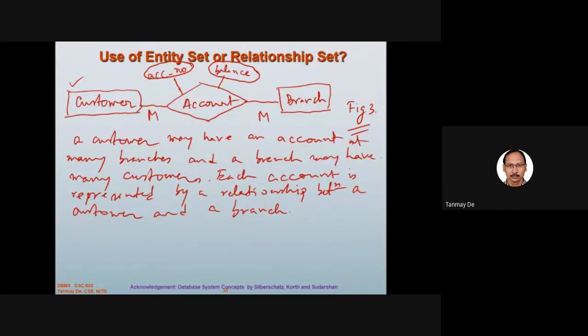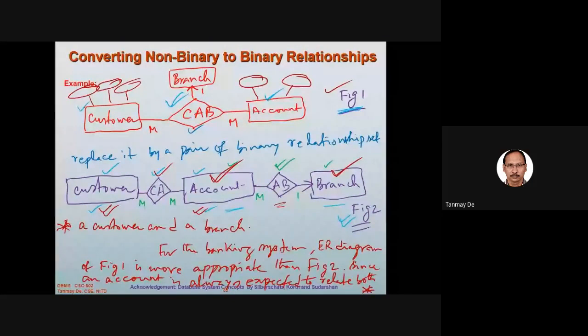So is everything correct here, or is something missing? You can see the earlier figure. In figure 1, the ternary relationship, an account can be held by multiple or joint customers, and of course that account belongs to a particular branch.